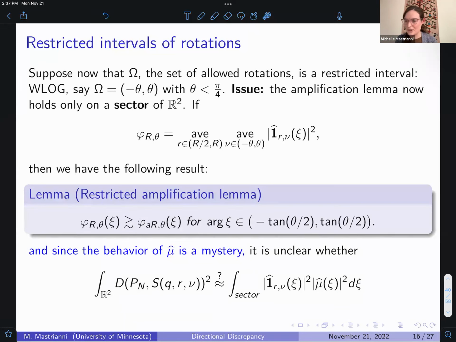These are all questions that seem very difficult to answer. And so you need to know that enough of the mass of that Fourier transform lies in the sector in order to say anything about the discrepancy. But we unfortunately don't have any information about this. So the amplification idea falls apart in this restricted interval case.